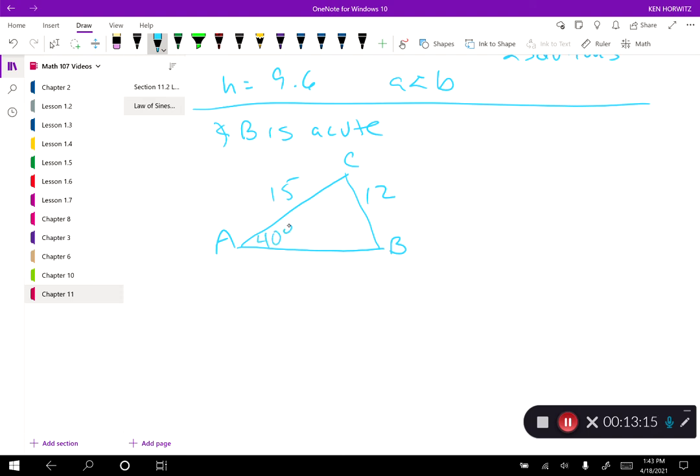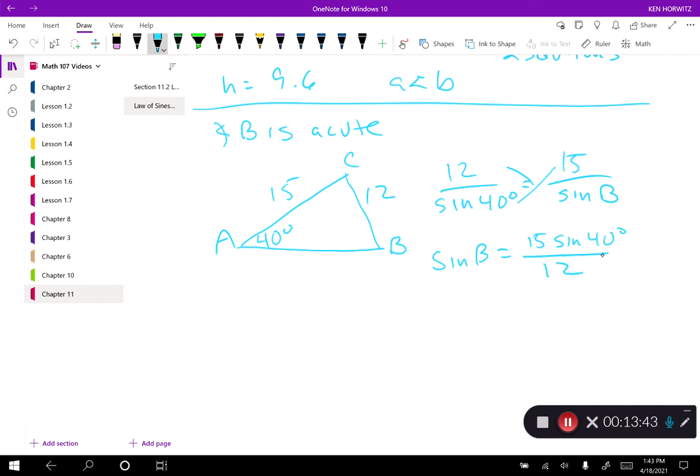And then we're going to use the law of sines. So I have 12 over the sine of 40 degrees equals 15 over the sine of angle B. Again, it's cross multiply and divide, so the sine of B equals 15 sine 40 degrees over 12.